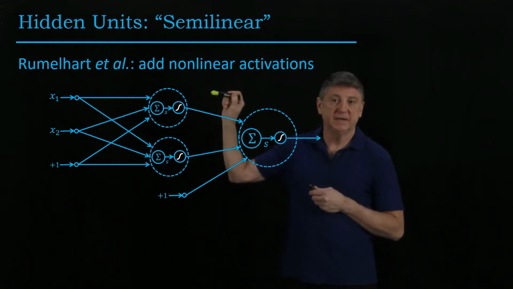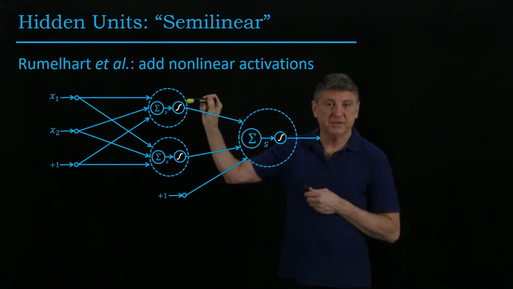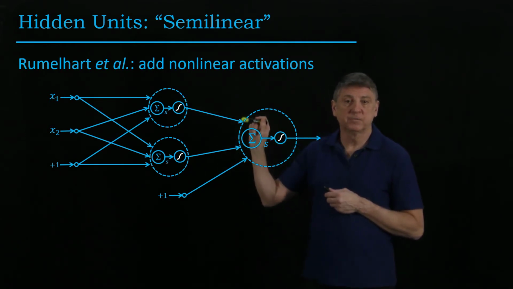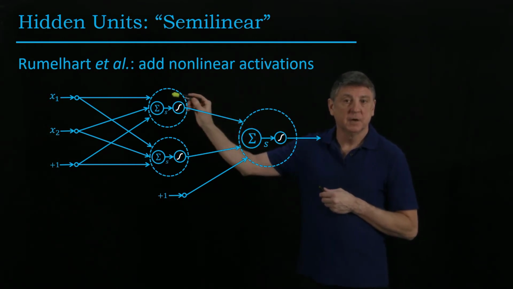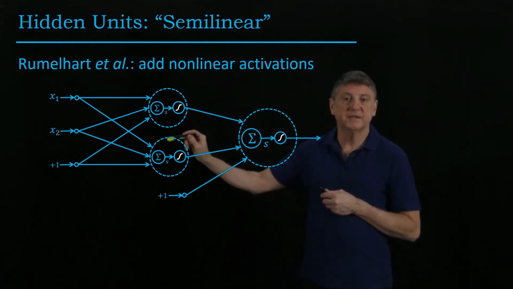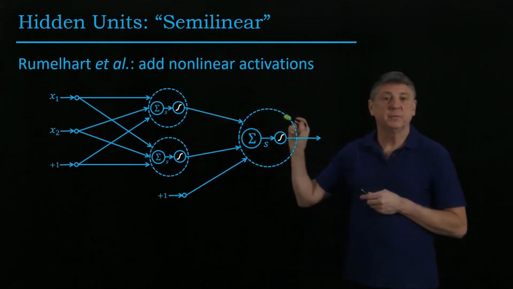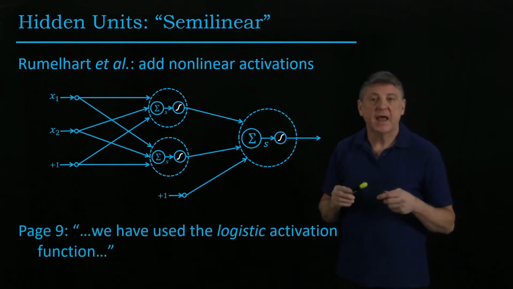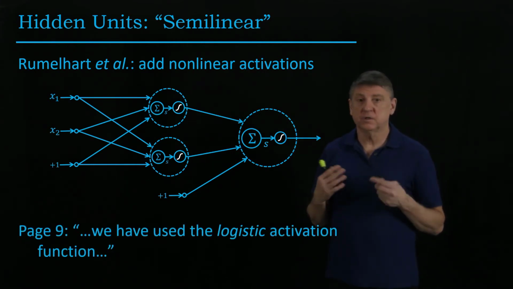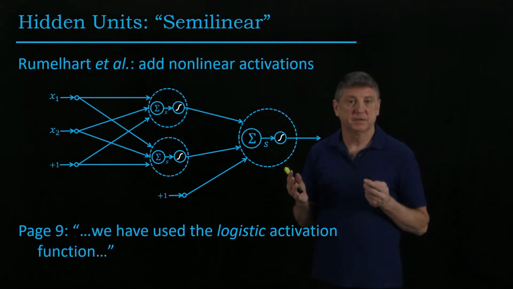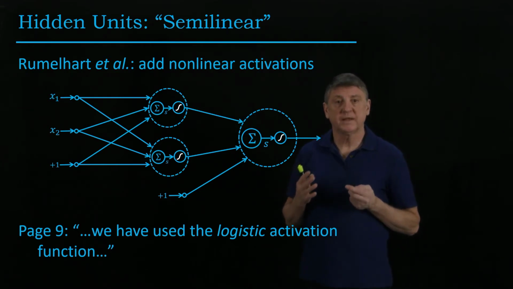So we could add a sigmoid activation to this neuron and a sigmoid activation to this neuron, and now when we perform the sum, it's not the sum of sums, it's the sum of a nonlinear activation of that sum, and what comes into this neuron is already nonlinearized, and then we can further nonlinearize it. And on page 9 of their long technical report, they say we have used the logistic activation function. So let's now explore what they mean by that.